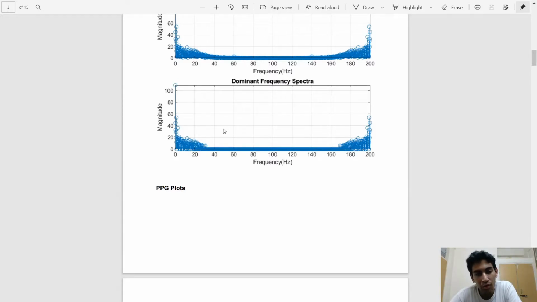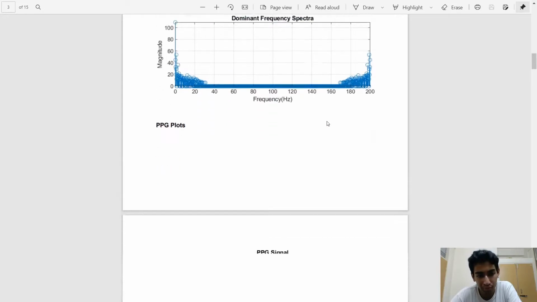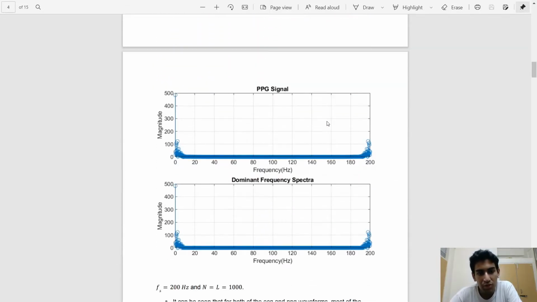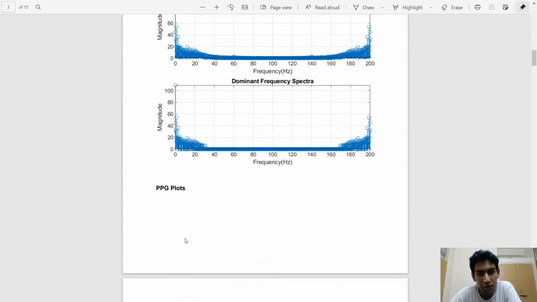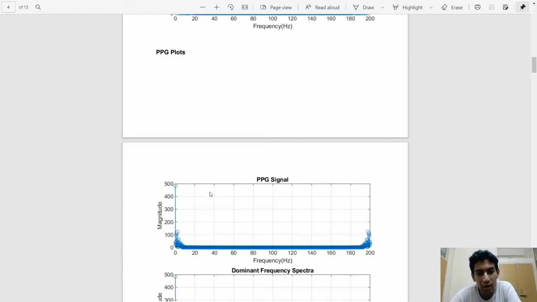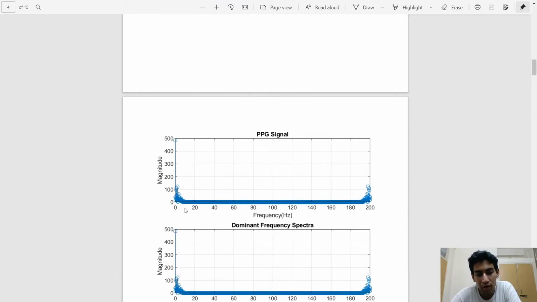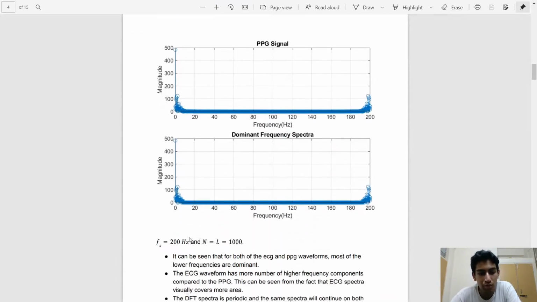We set those to 0 and we get this dominant frequency spectra. The DFT of a signal is a discrete plot, so that's why I have plotted it using the stem function. For the PPG signal, we have dominant frequencies only up to 10 Hz, and that's why, comparing the ECG and PPG waveforms, you can see that the PPG spectrum doesn't extend much farther than the ECG.